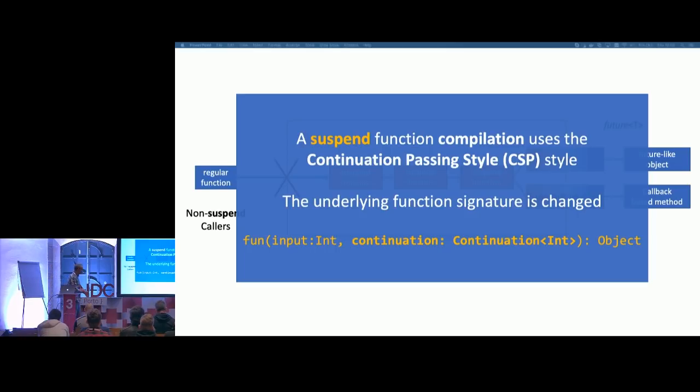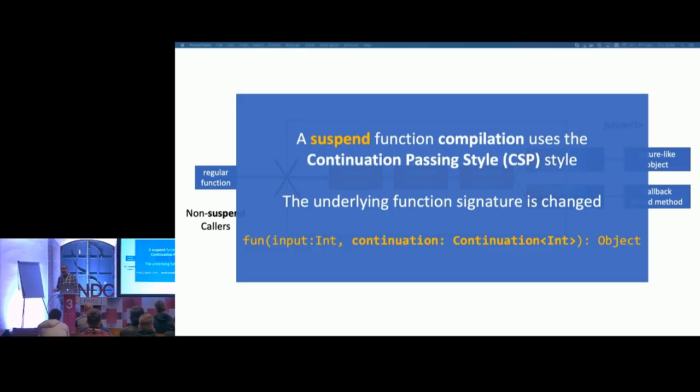And it is this transformation that occurs during compilation that makes it possible to have suspension points that don't block threads. However, this only works if I'm going from a suspend function to another suspend function.